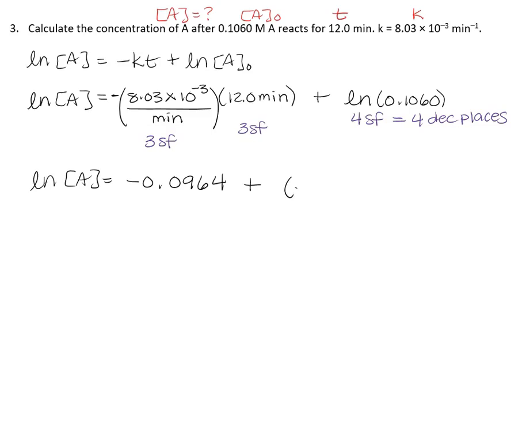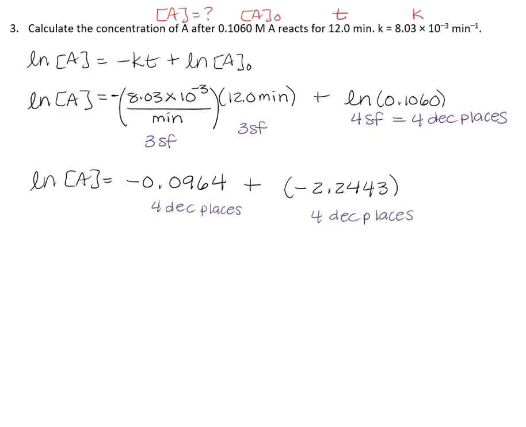That gives us a negative 2.2443. Because we have an addition subtraction now, we have to report the fewest number of decimal places. The first term has 4 decimal places. That's what our 3 sig figs results in. And our second term also has 4 decimal places.